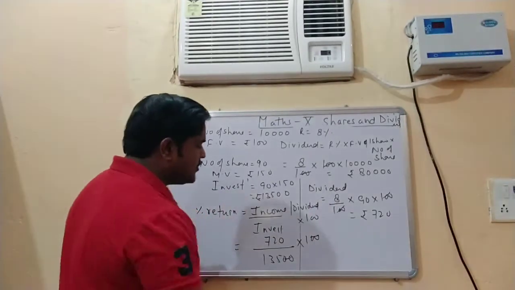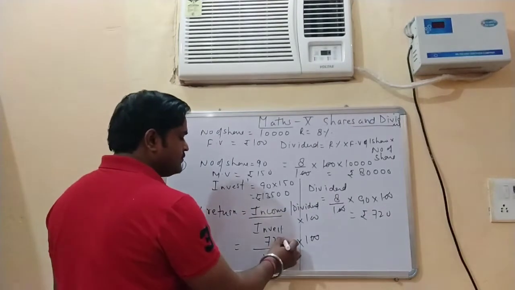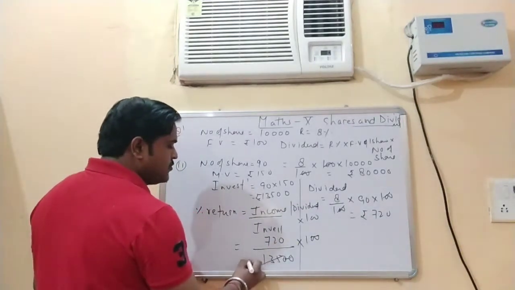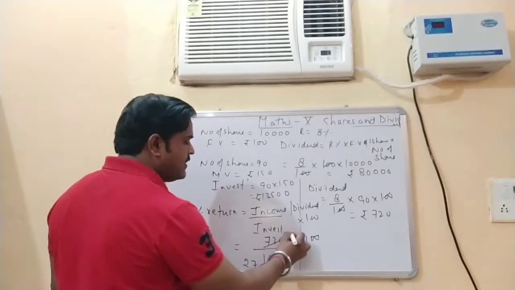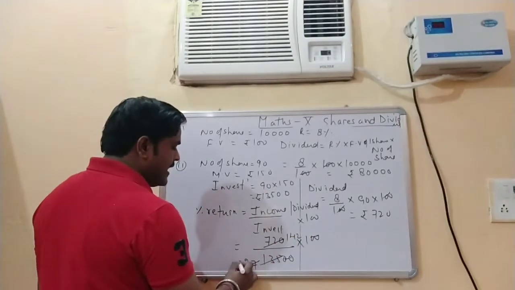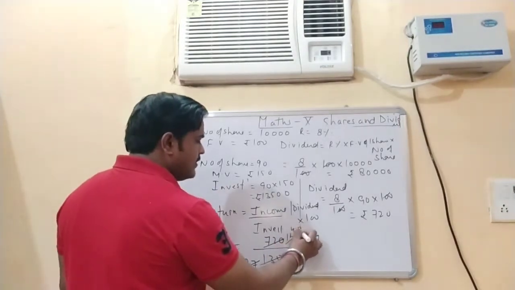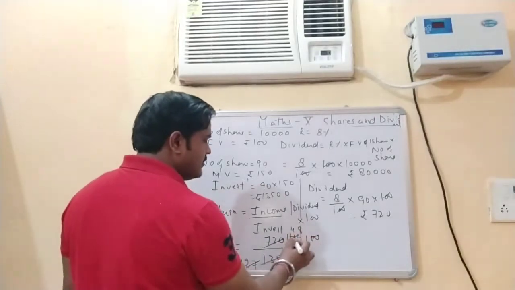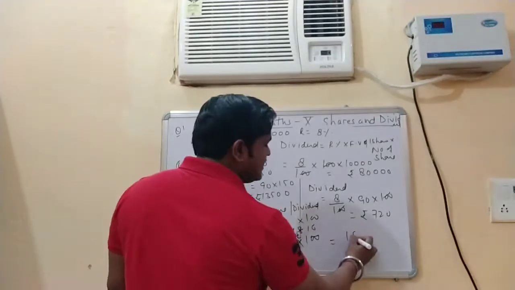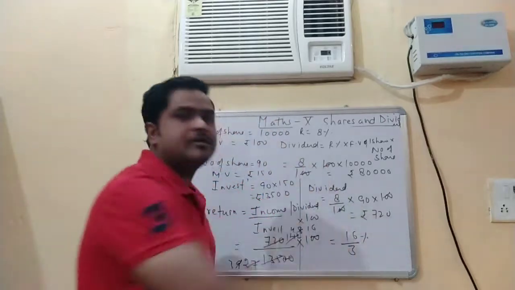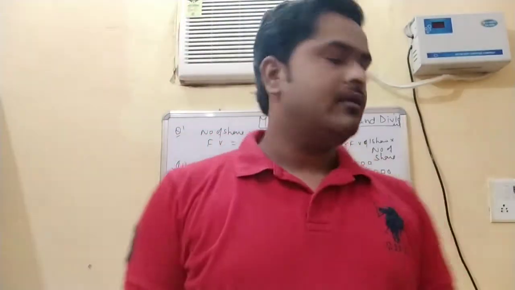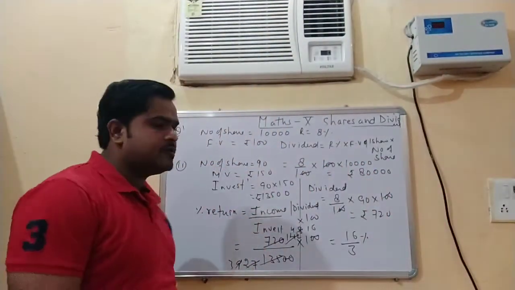This 0 goes with this 0. 5 2s are 10, 5 7s are 35, 1 carried makes 42. This will be 9. This will be 3 4s are 12, 3 3s are 9. So this will be equal to 16 by 3%. This will be the percentage return that he will get on doing this investment.